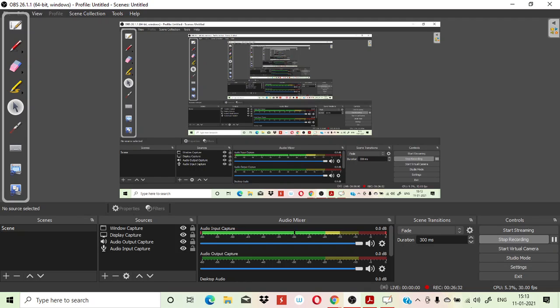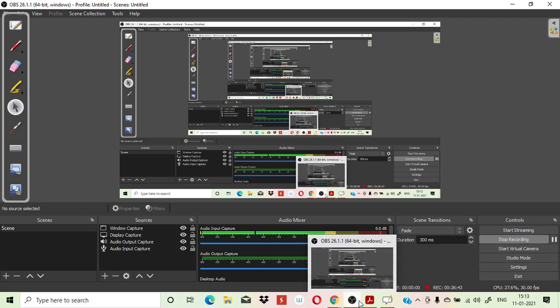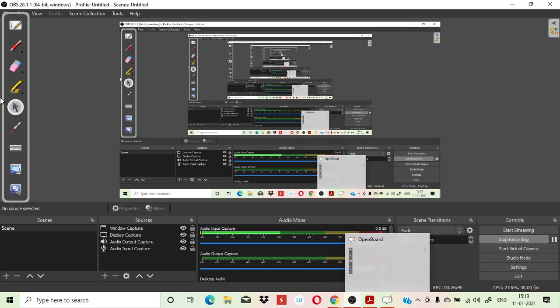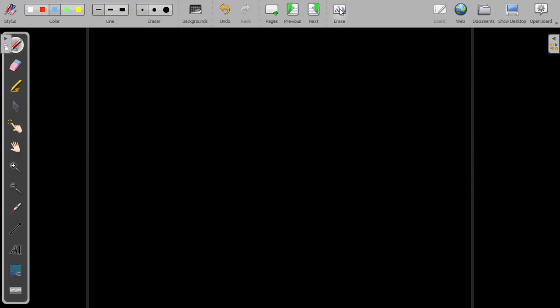Moving on to the next problem, where you have to apply both KCL and KVL in order to find the current through an element, that is a resistance in this example. So I'm considering again a circuit like this.